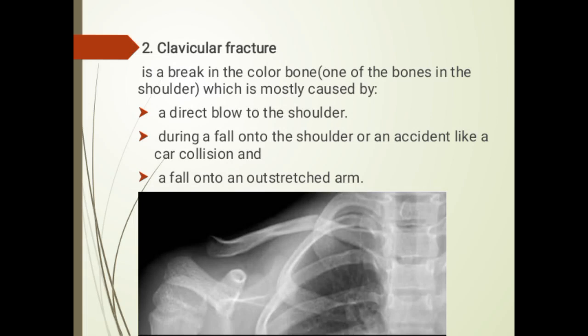It is caused by a direct blow to the shoulder, or a fall onto the shoulder, or accidents like car collision and fall onto an outstretched arm. We can see the x-ray here showing clinical features of the fracture, which is a communicated type of fracture. We can see it. So this is the fracture.